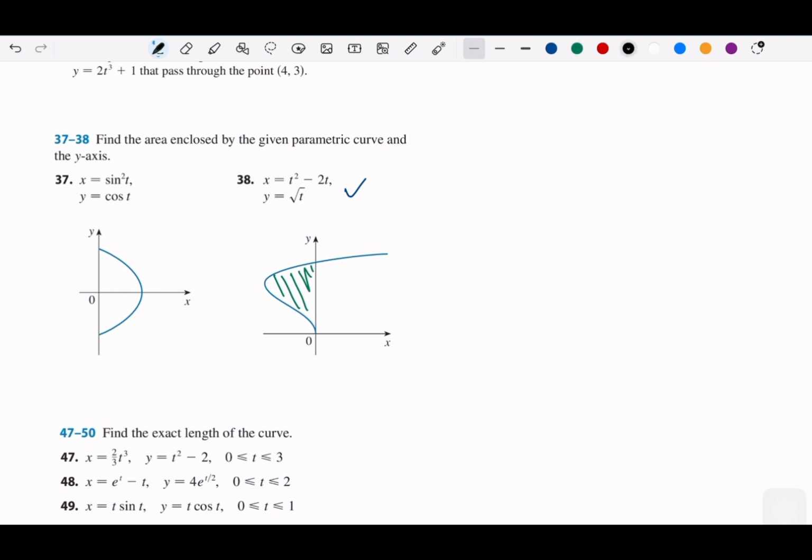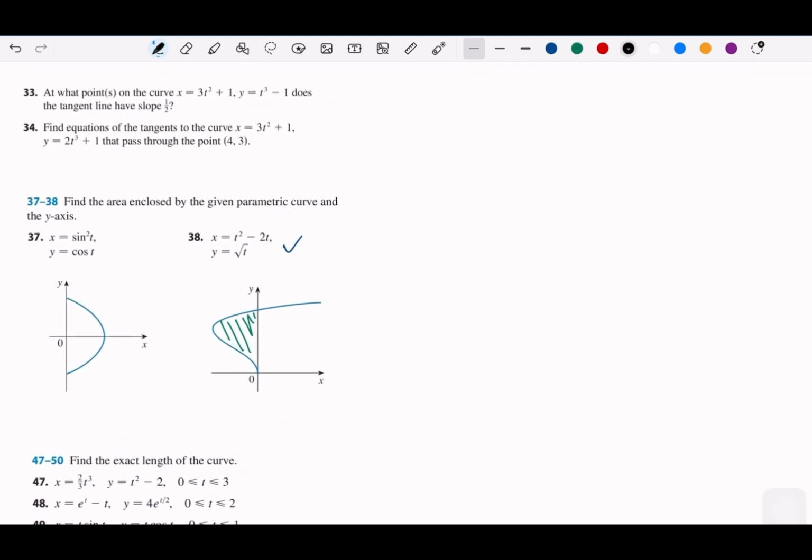First, let me write down the parametric equations. So x is t squared minus 2t, okay? And y is square root of t. They both intersect the y-axis when x is 0, right?